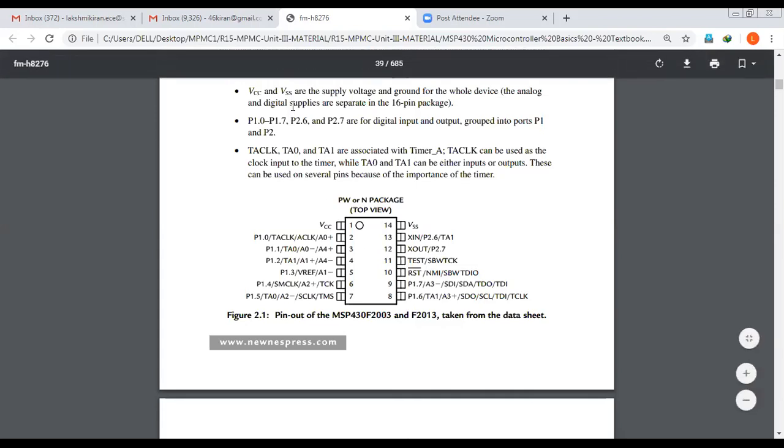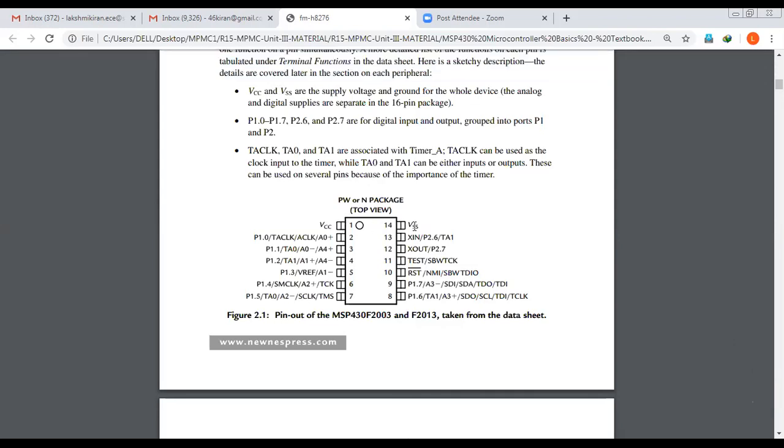If you observe, the first thing is VCC and VSS, at pin number 1 and pin number 14. These are for the supply voltage and the ground voltage. Going to the next ones, P1.0 to P1.7 and P2.6 and P2.7.